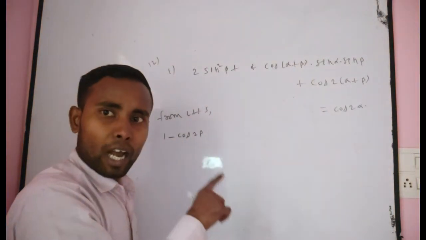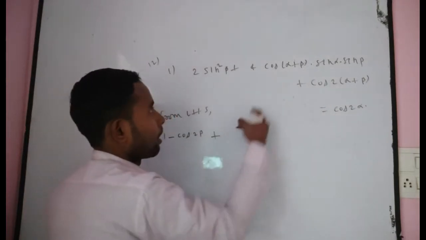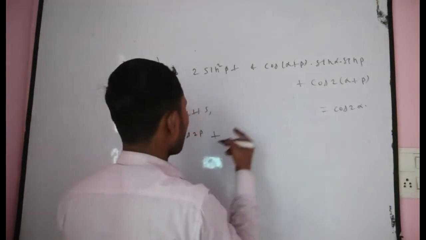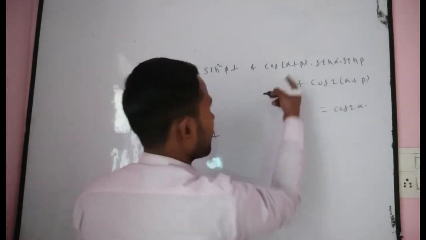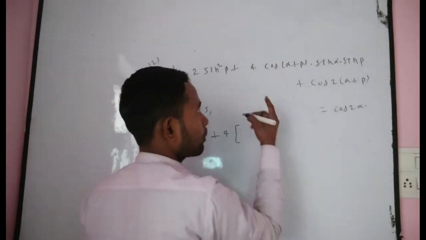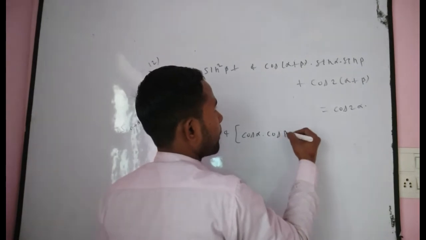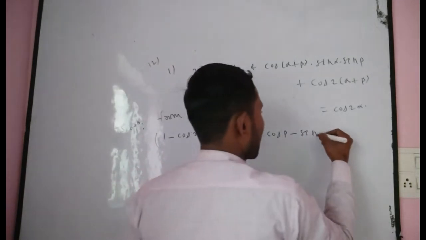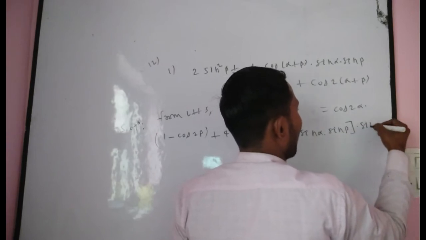Now it becomes 1 minus cos 2 beta plus 4 cos alpha cos beta. You have to write it in a bracket, 4 times cos alpha cos beta plus... Can you write it? Cos alpha plus beta is equal to what? Cos A into cos B minus sin A into sin B, that is cos alpha cos beta minus sin alpha sin beta.